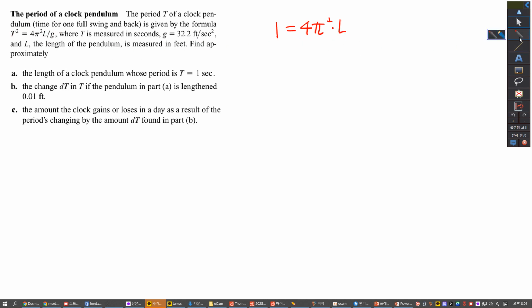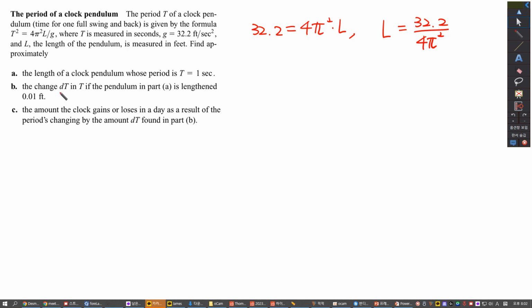That means this one, so in this case, the length of the clock, that's the length of the clock pendulum.